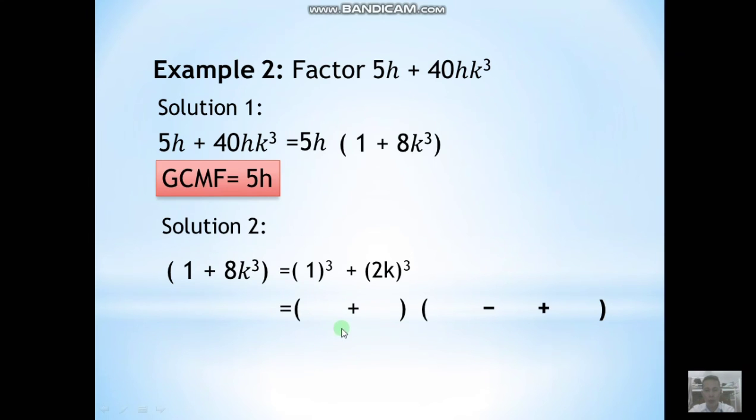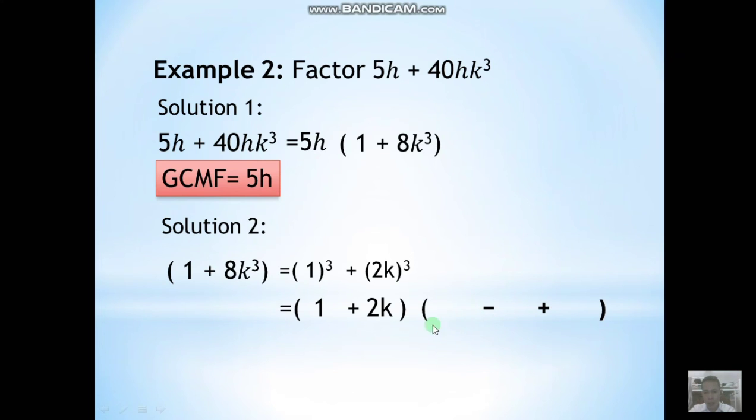So we will now apply the formula. Draw two blank parentheses for the binomial factor and the trinomial factor. Now, let us obtain the terms in the binomial factor. Simply, we will just add the two bases here. So 1 plus 2k. This is now the binomial factor. Let us now obtain the trinomial factor.